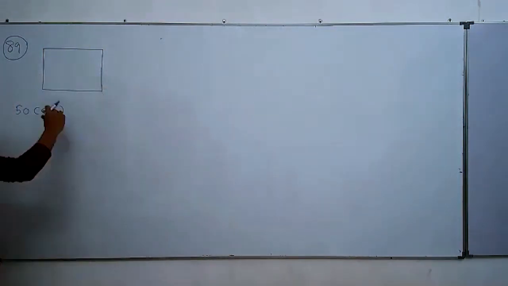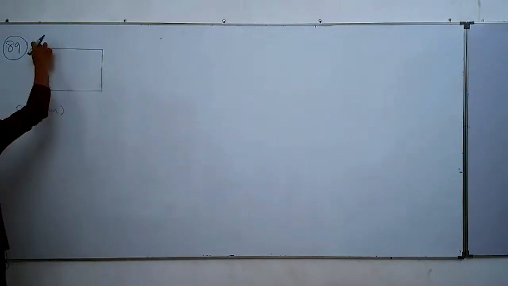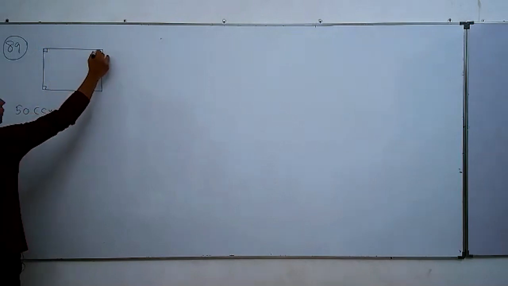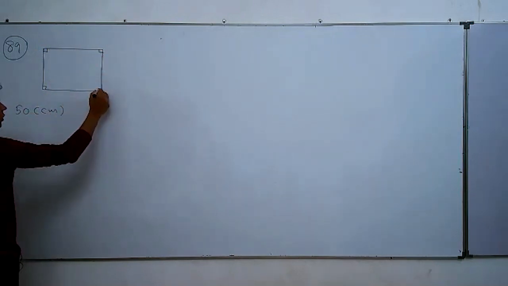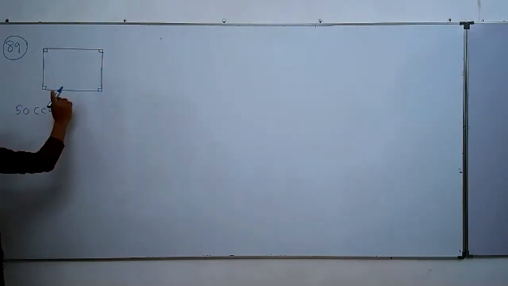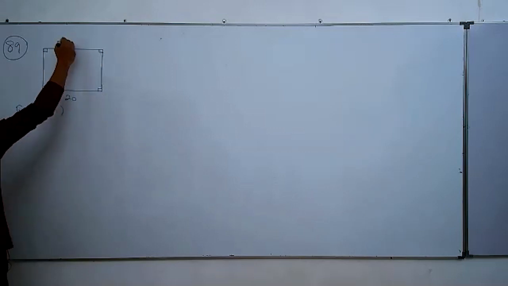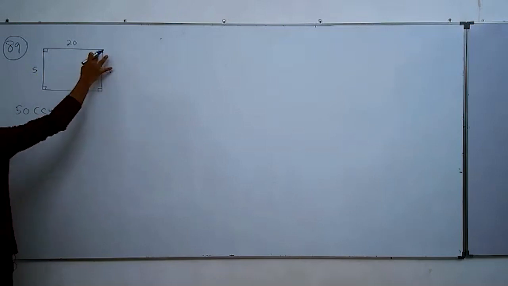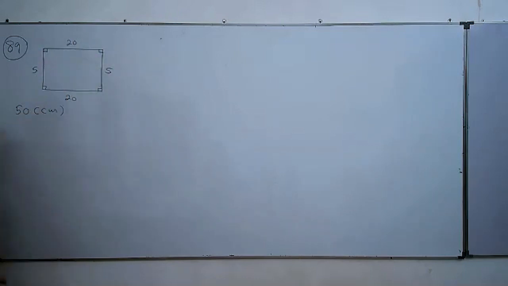Perimeter means the outer length, the total length, right? So I can choose this length like 20 centimeters, here 20, and this is 5, then 25, 25, 50, perimeter is 50.